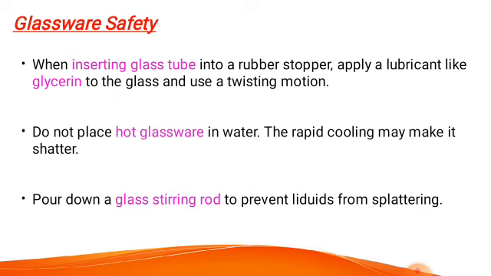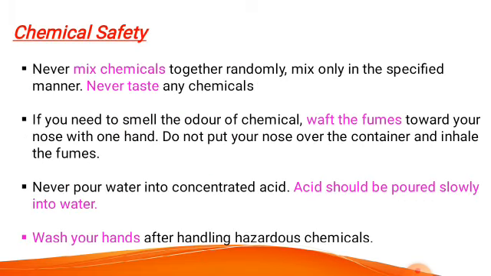Because we use glycerin, it is easy to lubricate the glass tube when you insert it into the rubber stopper. Do not place hot glassware in water. The rapid cooling may make it shatter. So cool down the glassware slowly. Pour down a glass stirring rod to prevent liquids from splattering.